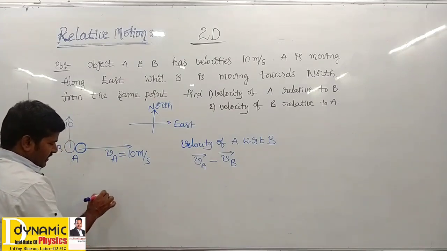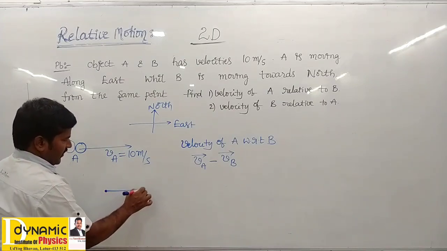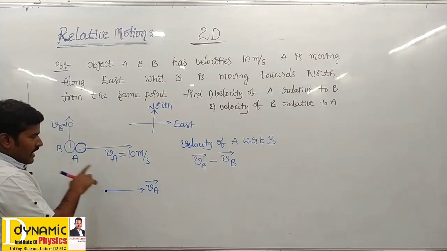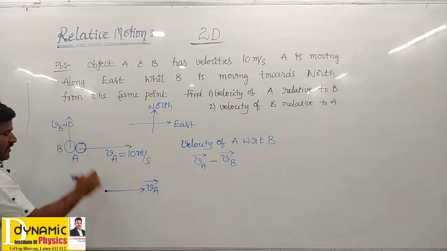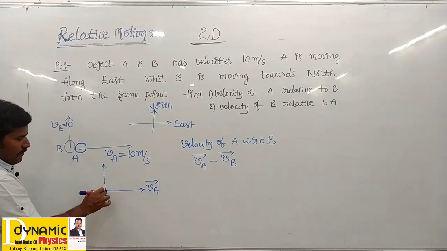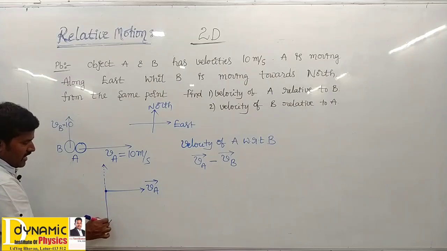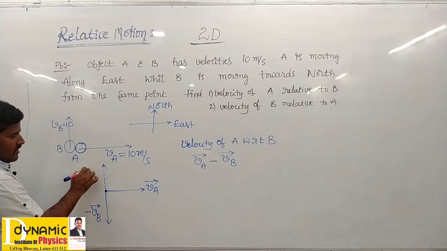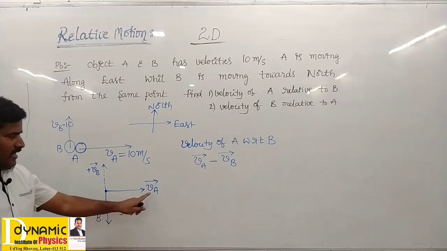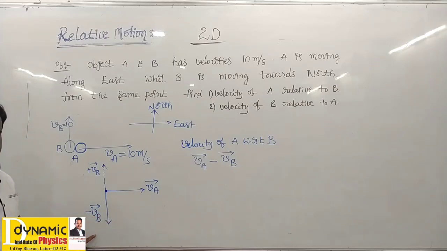So one vector is VA, this direction is the velocity VA. And another is in the upward direction, VB. So the upward direction is VB, but downward, this is minus VB bar. This is plus VB bar, but this is minus VB bar. This is VA bar and this is minus VB bar.